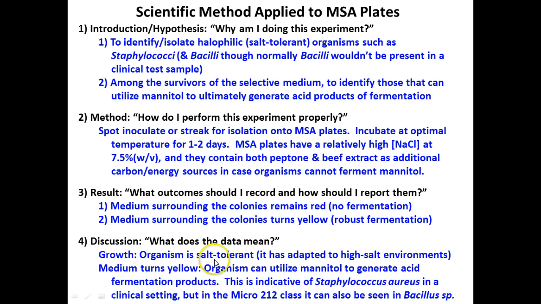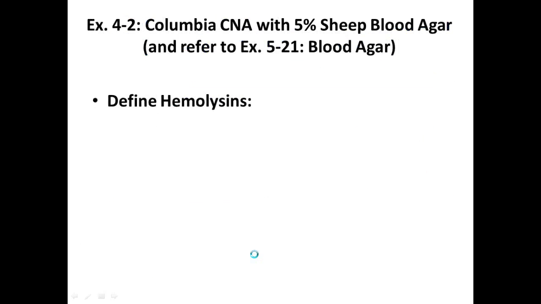So we can tell if we have salt-tolerant organisms, and if we have salt-tolerant that ferment mannitol, it's pretty indicative that you have Staphylococcus aureus. And unfortunately, we don't have any of those to look at. But again, your bacillus, if you have that one, it might also be growing, but it's not going to usually ferment the mannitol. So we wouldn't see that color change.